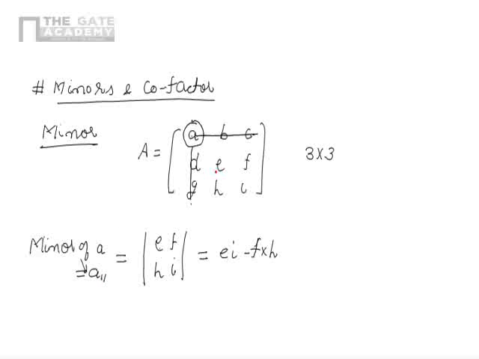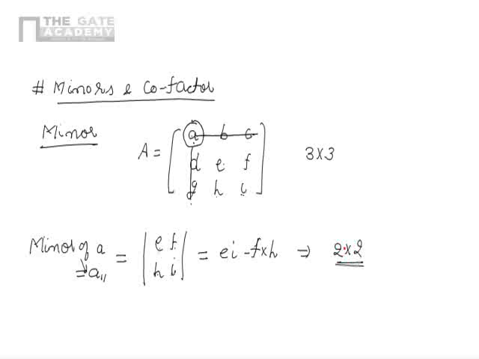Similarly, we can find the minor with respect to each element. When we delete one row and one column corresponding to any element, the minor formed is of the second order. So this is called a minor of order 2 by 2.